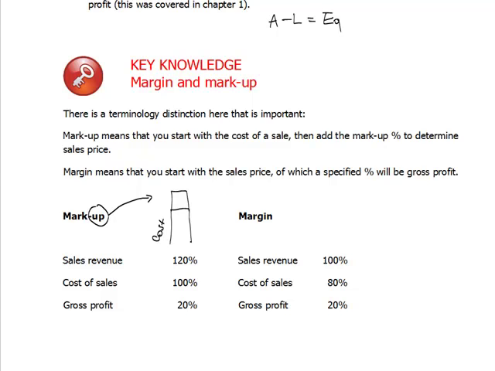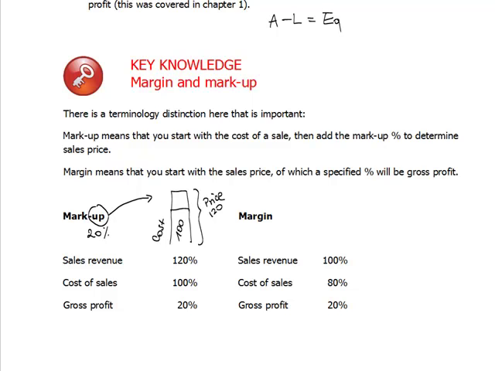Therefore, if we have the cost of 100 and we say the markup is 20%, meaning the price is 120. That's the markup.